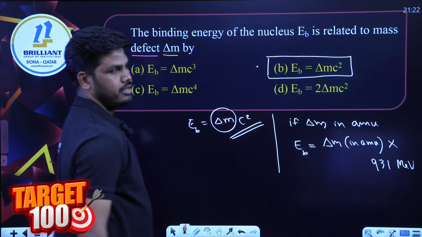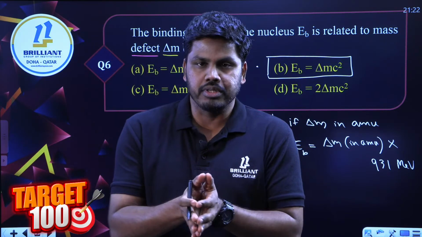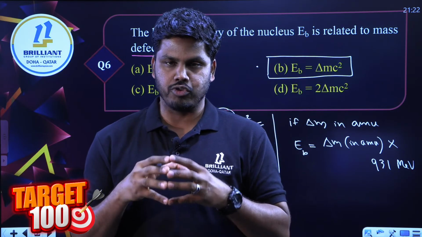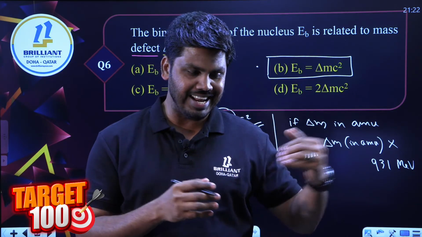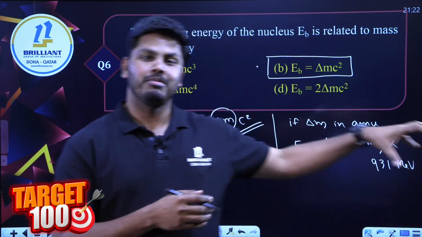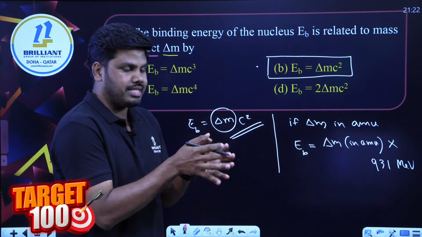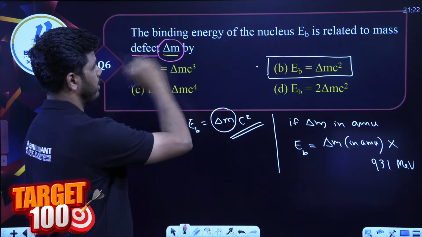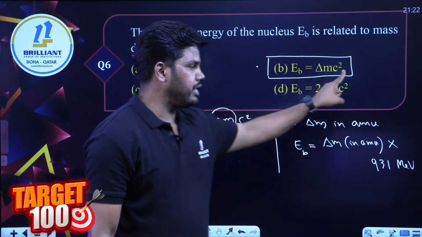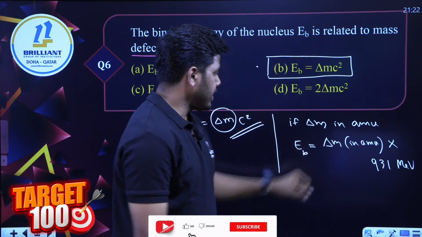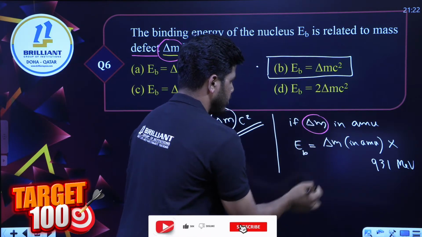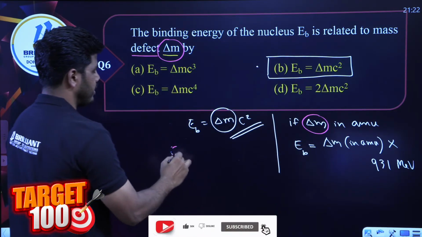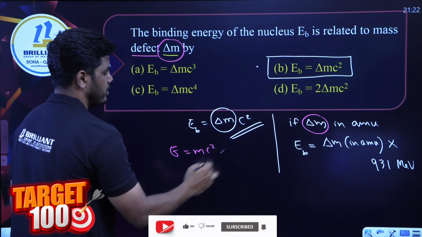Mass defect: when a nucleus is formed, the actual mass of the nucleus is found to be less than the total mass of the nucleons. Some mass is missing inside the nucleus. That was the mass defect given by delta M. That missing mass is converted to energy using Einstein's mass energy equivalence, E equals m c square. We found binding energy.